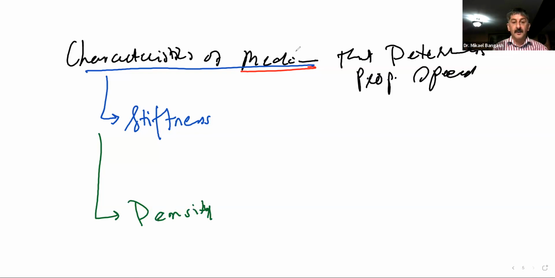The stiffness of the medium and the density of the medium.